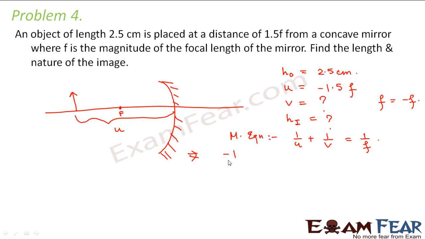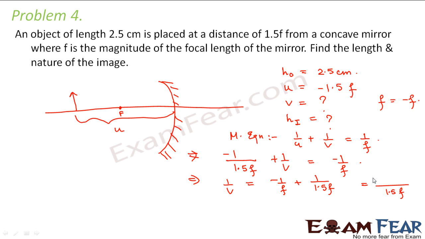So here this would be minus 1 by 1.5 f plus 1 by v is equal to minus 1 by f. So we can say 1 by v is equal to minus 1 by f plus 1 by 1.5 f. So this comes out to be (minus 1.5 plus 1) divided by 1.5 f, which is equal to minus 0.5 divided by 1.5 f. Therefore, v is equal to minus 3f.